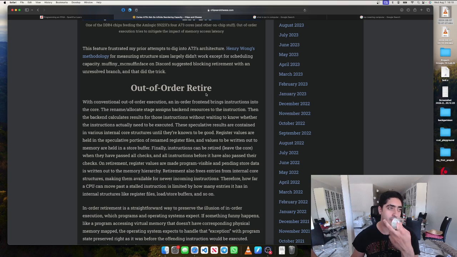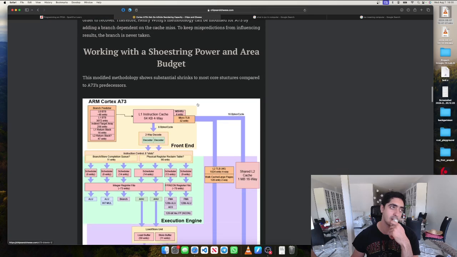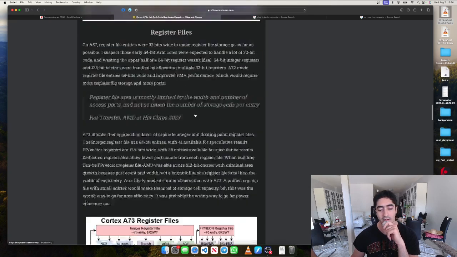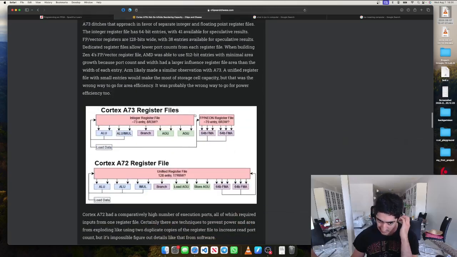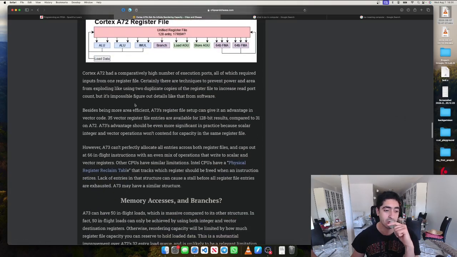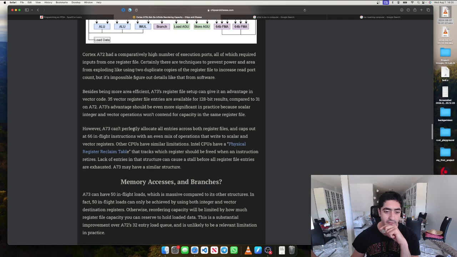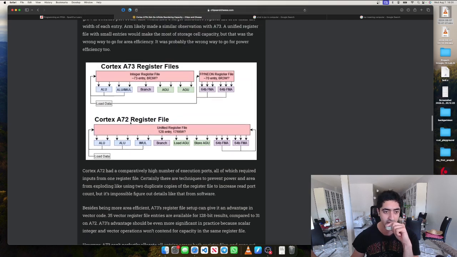You use reorder buffering to do out-of-order superscalar parallelism. That's basically executing a bunch of things in parallel, even though they are in series. The instructions are in series, they are dependent. I don't know how that works. Alright, so however A73 can perfectly allocate that.